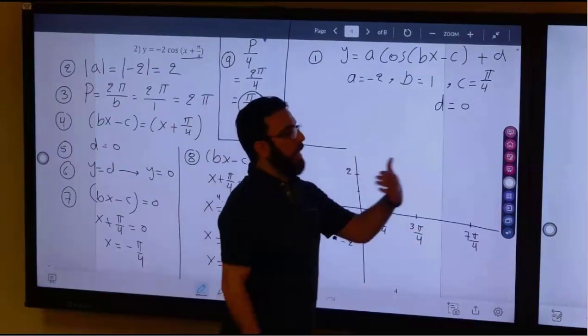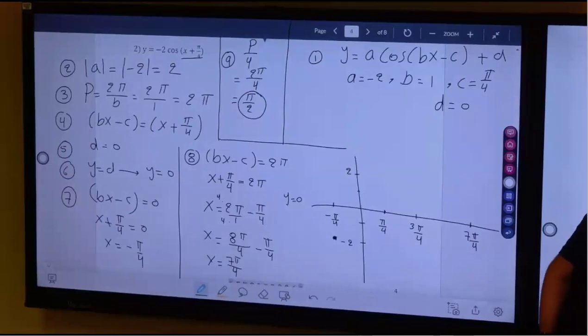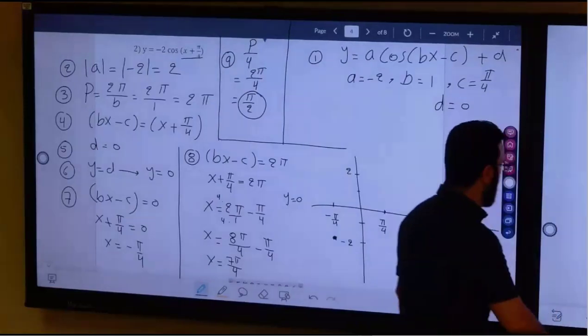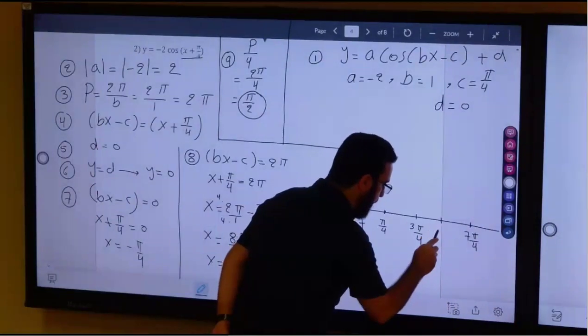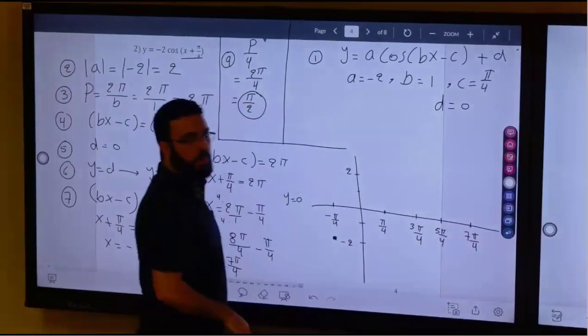Again, you're going to add pi over 2, multiplied by 2: 3 pi over 4 plus 2 pi over 4. So the next point here is 5 pi over 4. And if you add another pi over 2, it's going to be 7 pi over 4.